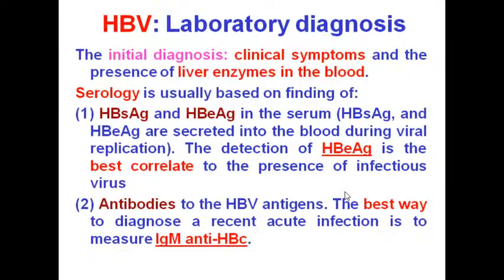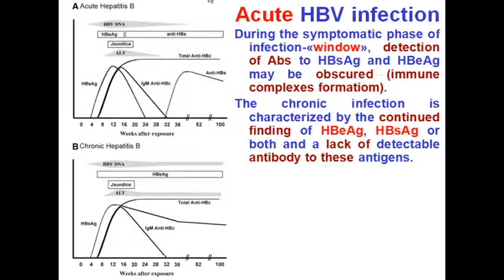Then, laboratory diagnosis. We mentioned that the initial diagnosis can be done by clinical symptoms and the presence of liver enzymes in the blood. These are biochemical tests: the ALT/AST test, right?